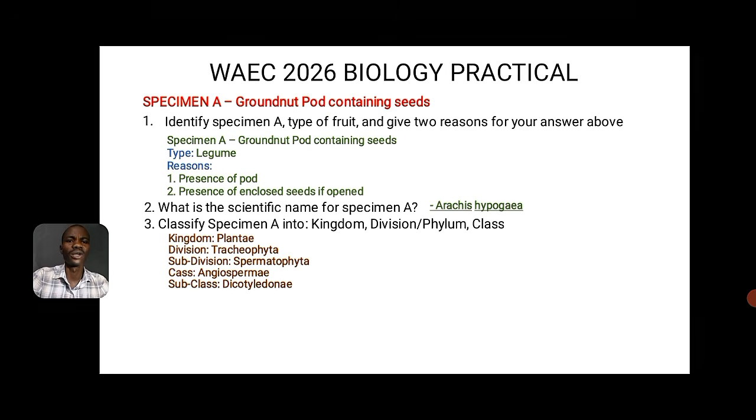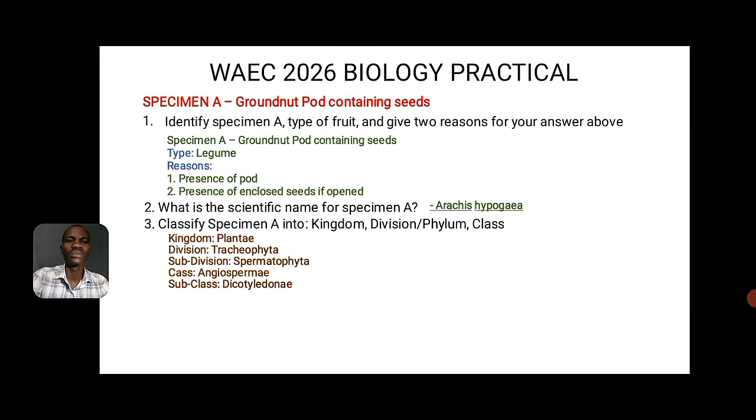The second one is Spermatophyta. The word sperm actually means seed. So they are seed producers and they are flowering plants. Then we have class Angiospermae. For seed producers, we have those whose seeds are naked, and their fruit is borne on a special structure known as a cone.